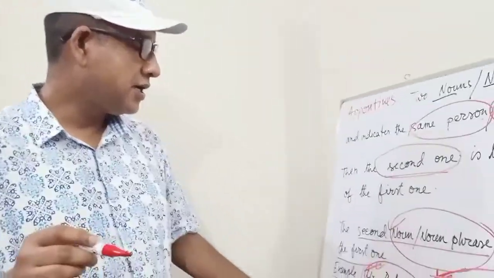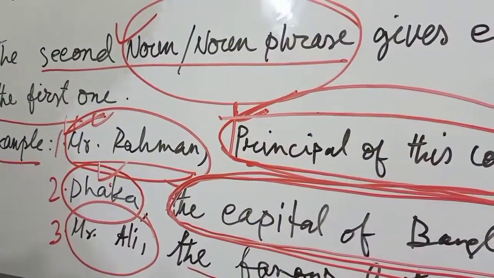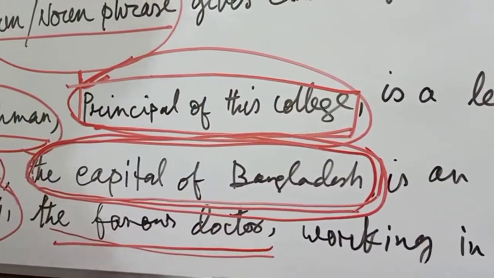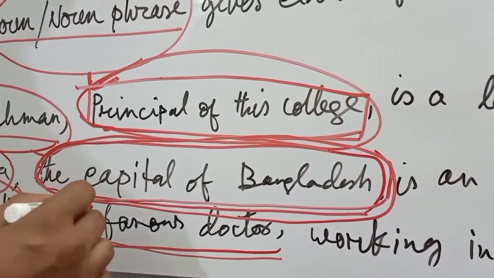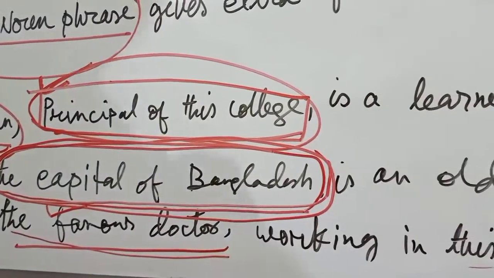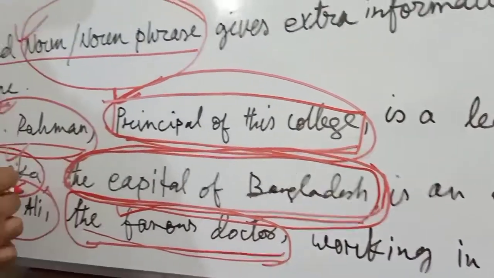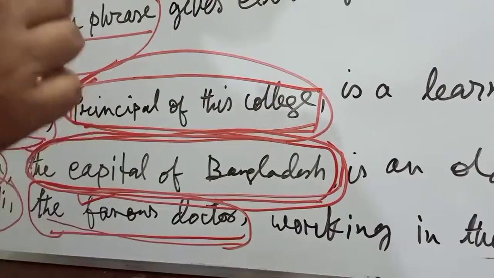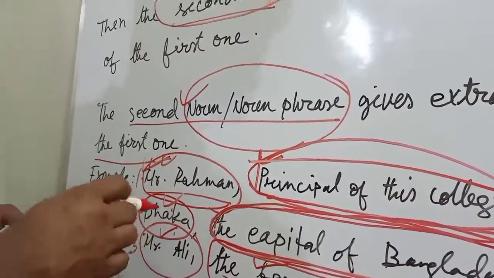In the third example, Mr. Ali, the famous doctor. Who is Mr. Ali? The famous doctor. Mr. Ali and the famous doctor are the same person, but the famous doctor is modifying Mr. Ali because the famous doctor is giving extra information about Mr. Ali.